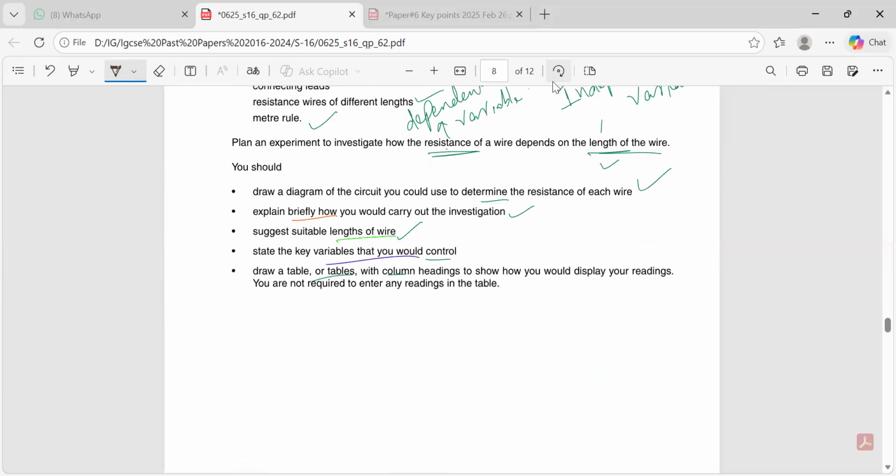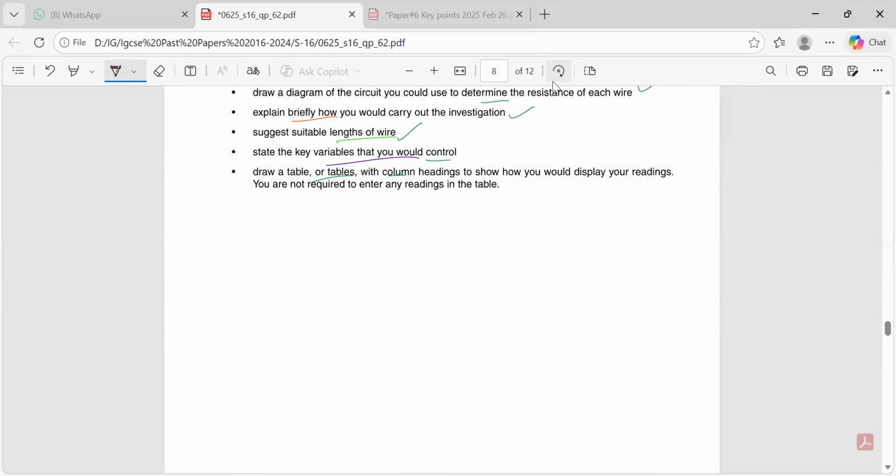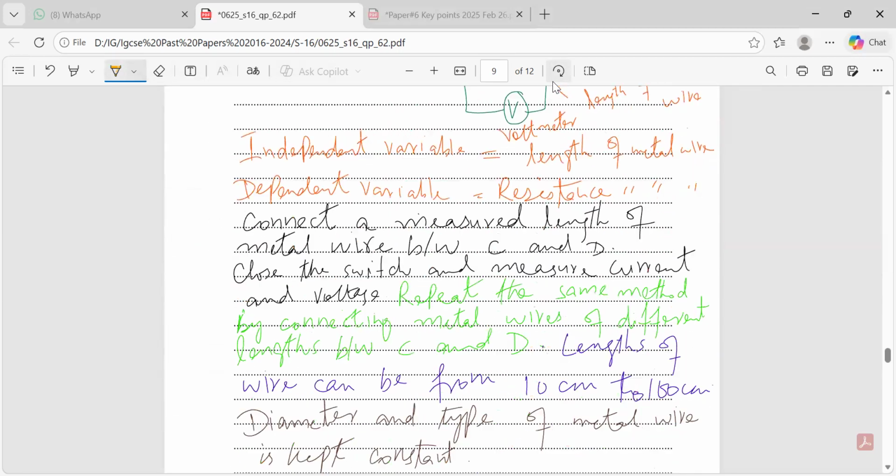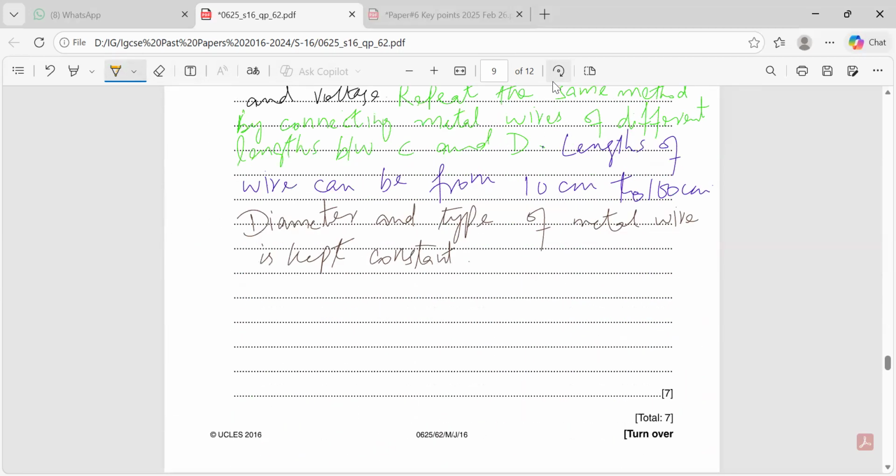Next point is: draw a table to show your readings, and you are not required to enter any readings into the table as we are not performing this experiment. So how we can write the data is like this. As I told you, in the table, dependent and independent variable.